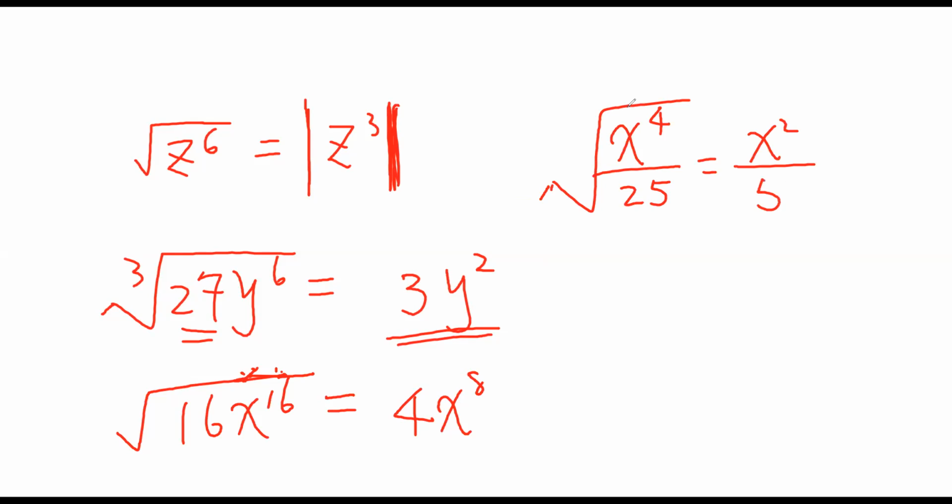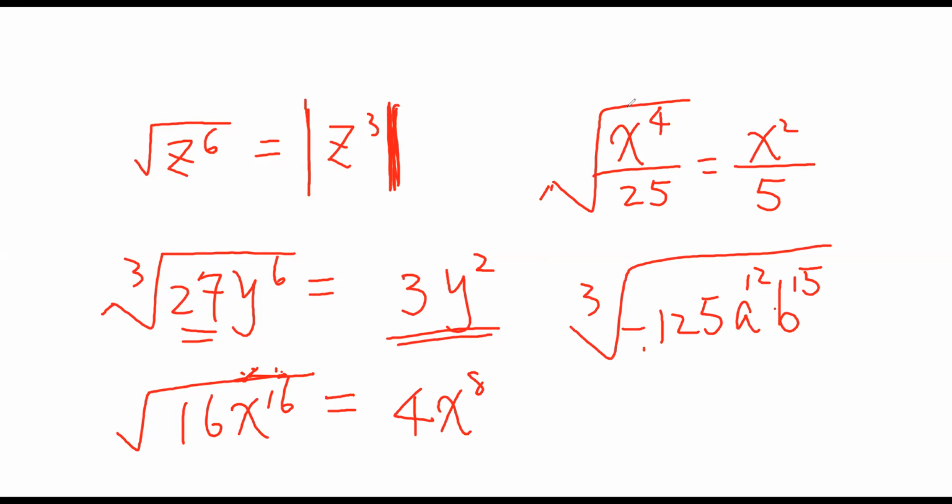It's easy. Okay, let's see the next one. This one, 125, the cubic root is -5. So A became 4, right? And B is 5. Yep, 5. So that would be an easy one.